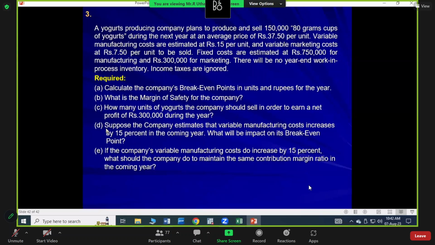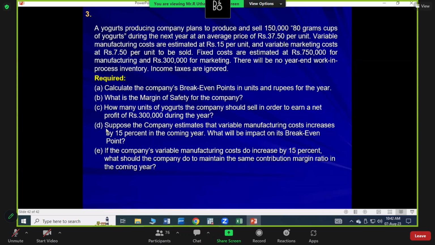So you can take down this third exercise. A yogurt producing company plans to produce and sell 120,000 80-gram cups of yogurt during the next year, at an average price of 37.5 rupees per unit.